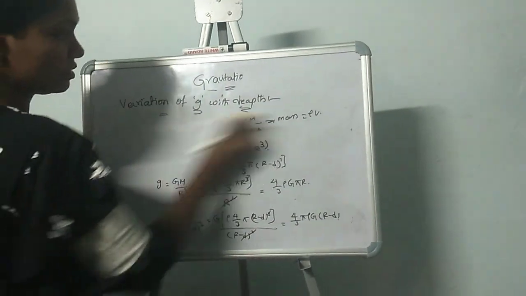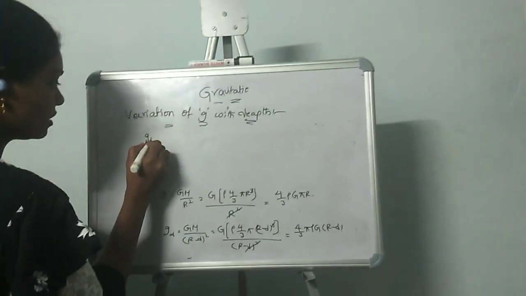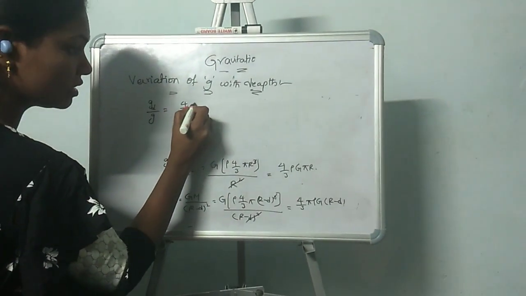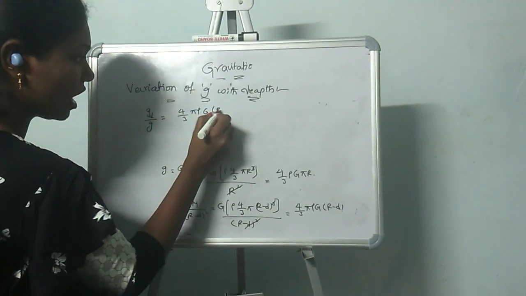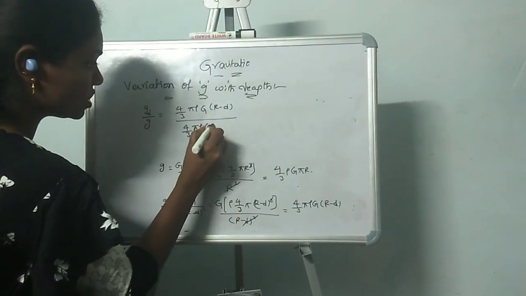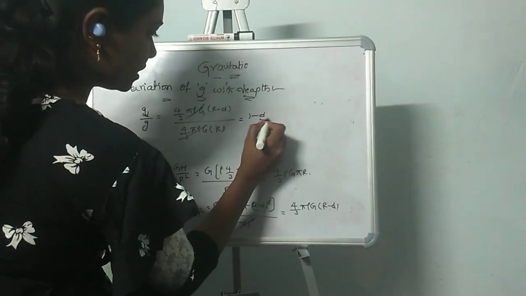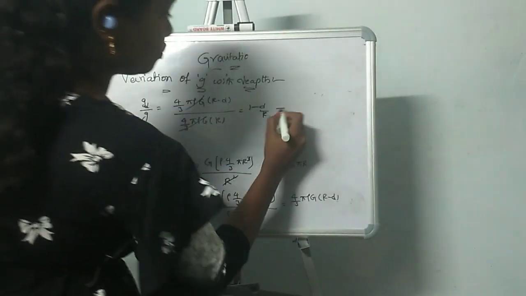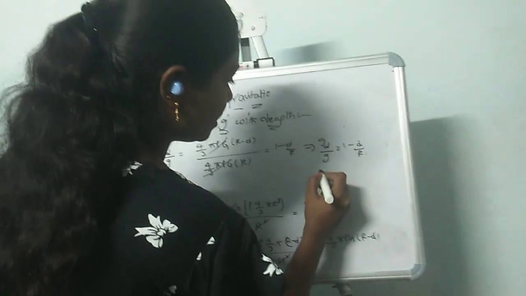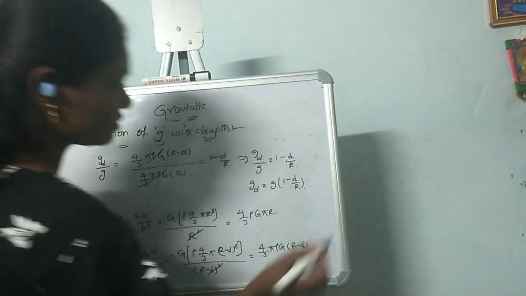Then we just take g_v by g equal to 4/3 pi rho G (r minus d) by 4/3 pi rho G r. So those are cancelled. That equals 1 minus d by r. So we can write g_v by g equal to 1 minus d by r, g_v equal to g into (1 minus d by r).